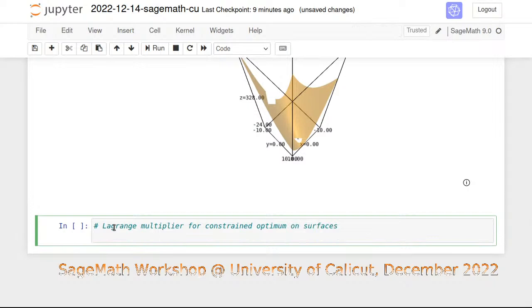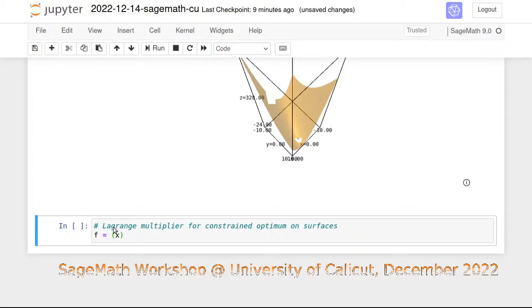Constrained optimum on surfaces. So define f equal to... The problem initially is that a point is given to us, 1, 2, 2.